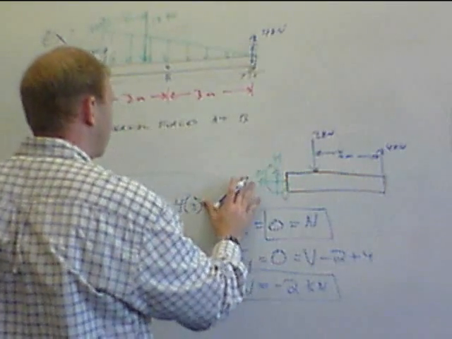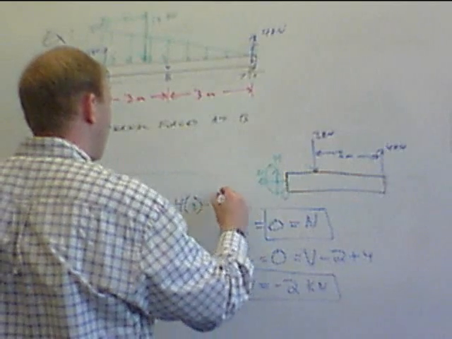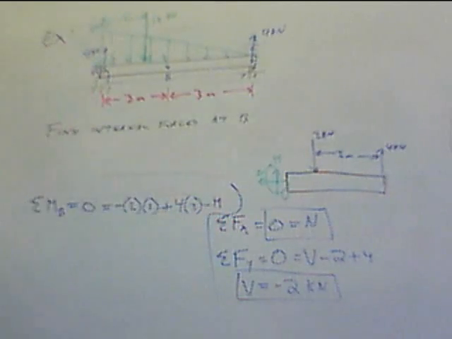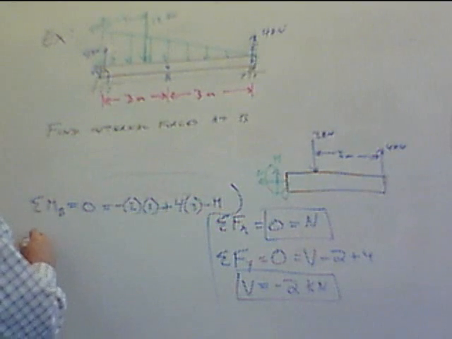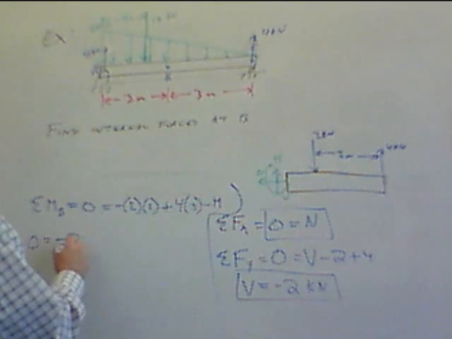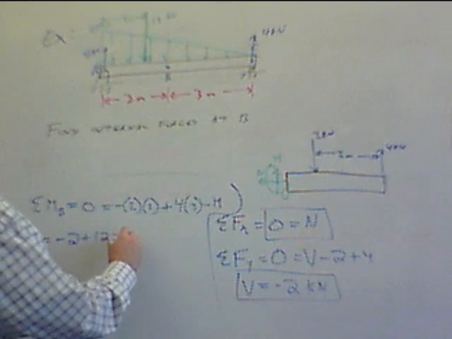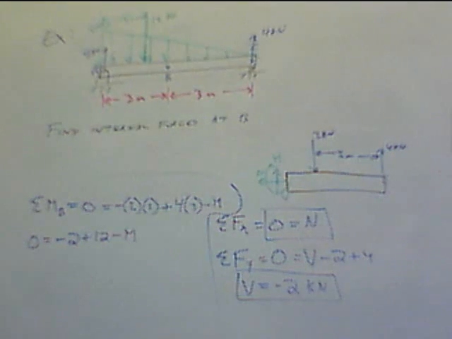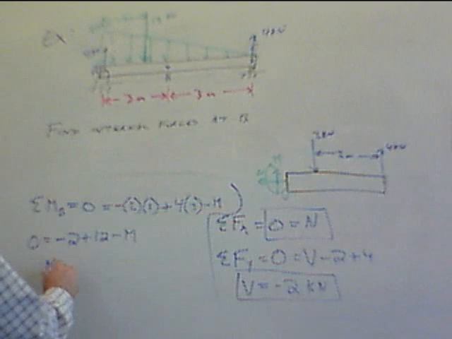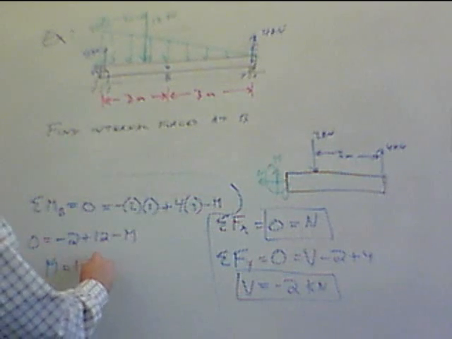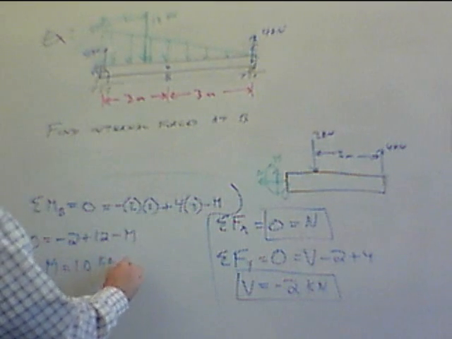M is clockwise, so that gets a minus M. So plugging in here we have 0 equals minus 2 plus 12 minus M. Okay, so we have M equals 10 kilonewton meters.